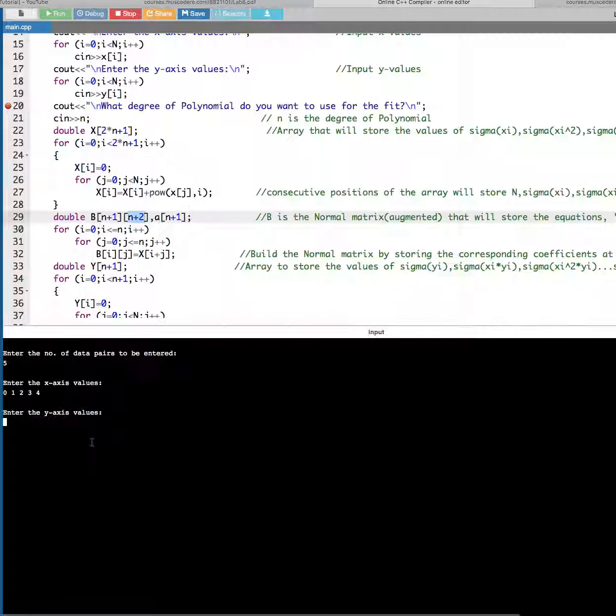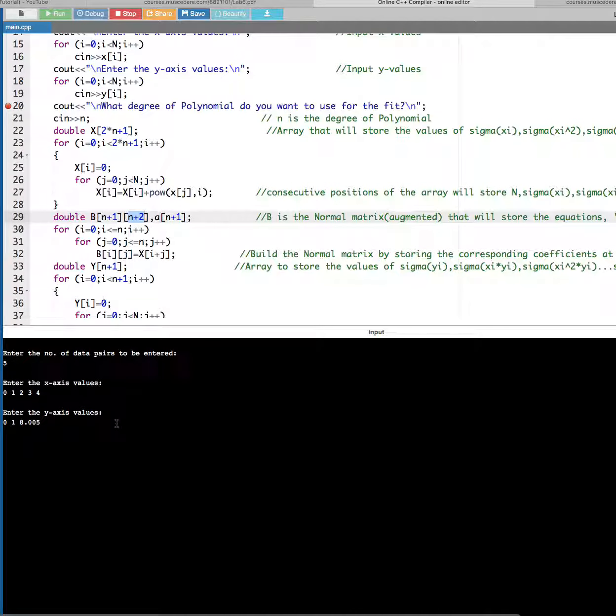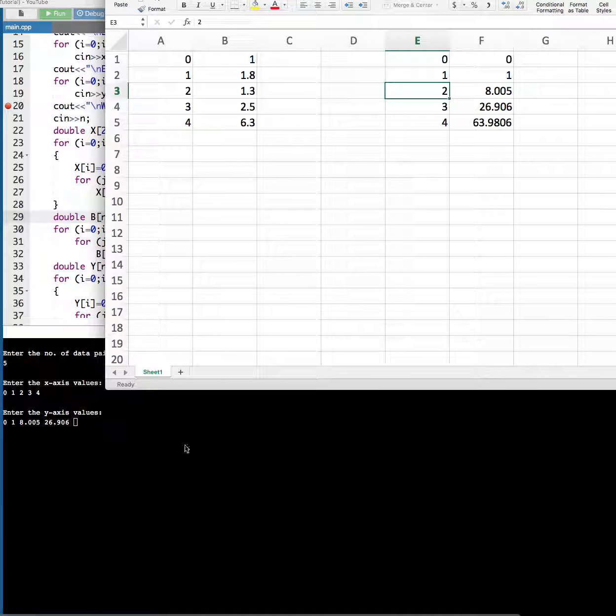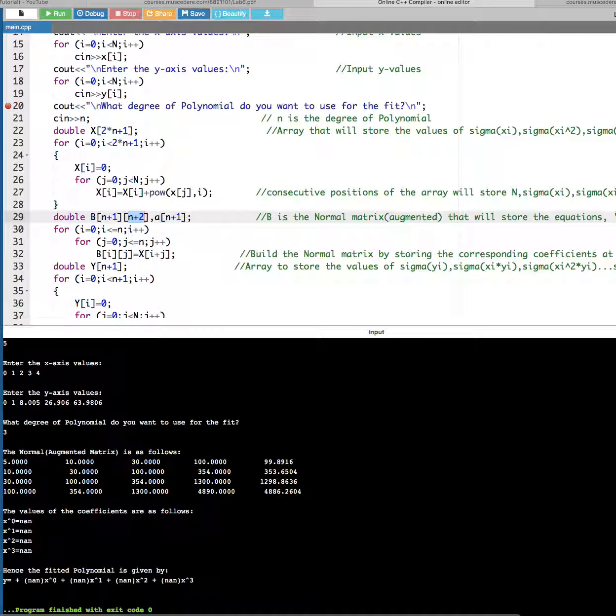It's going to be 0, 1, 8.005, then 26.906, and then 63.9806. Now let's enter this one. Let's put 3. Okay, it's not working.